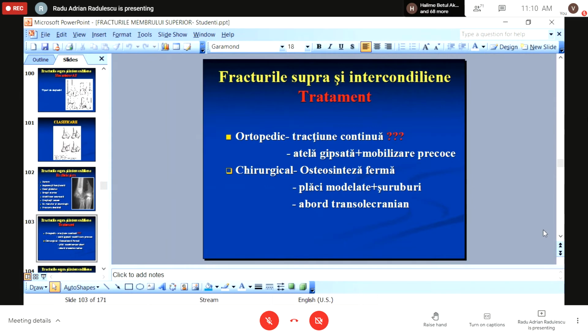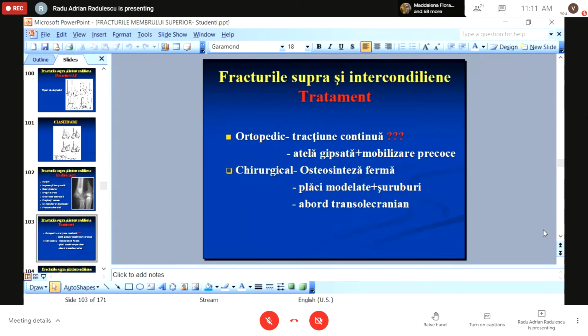I've mentioned that when we presented the general principles in fractures, that articular fractures must be treated surgically, because the goal of the treatment is to restore the integrity of the articular surface.